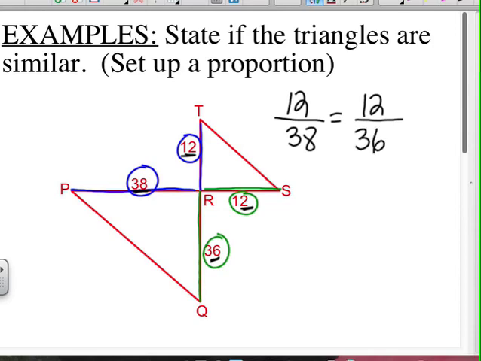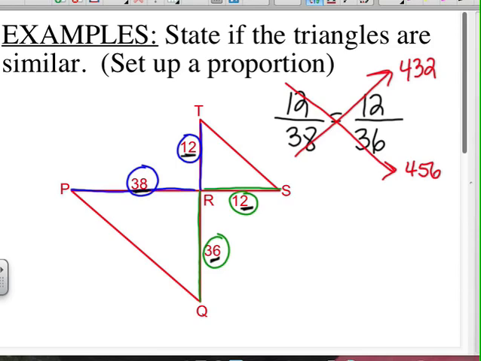Small over big, small over big. Now we're going to use cross products. Get your calculator ready. When we multiply that way, we get 432. If you multiply this way, you should get 456.